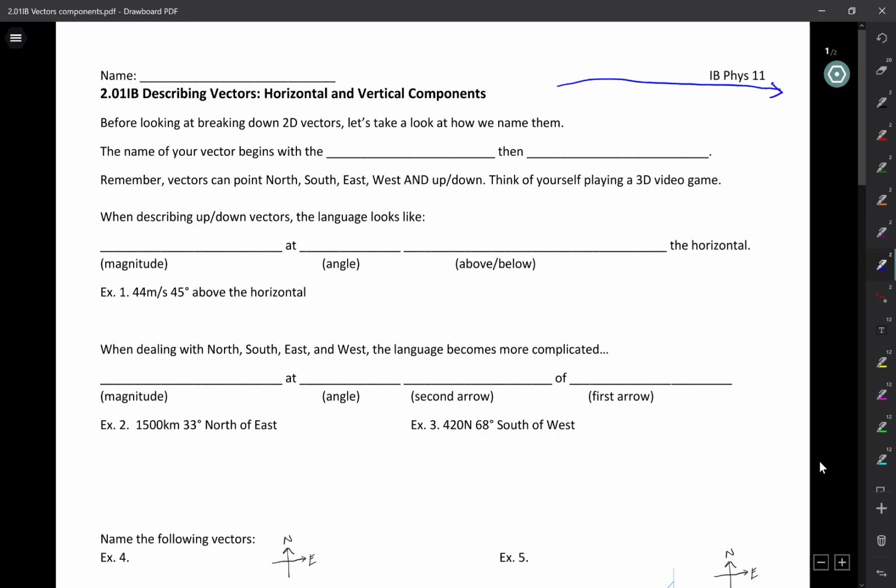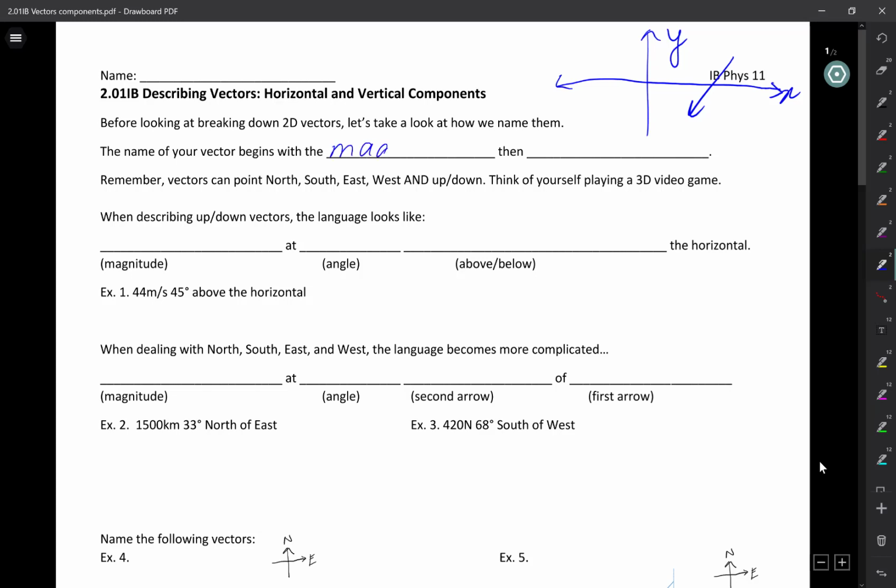So usually we have x and y axes, and when we draw a certain vector, the vector is going to have some bit of its motion in the x direction, some of its motion going to be in the y direction. To describe this vector, we are going to look at how much it moves horizontally and how much it moves vertically. So that's what this component thing is about.